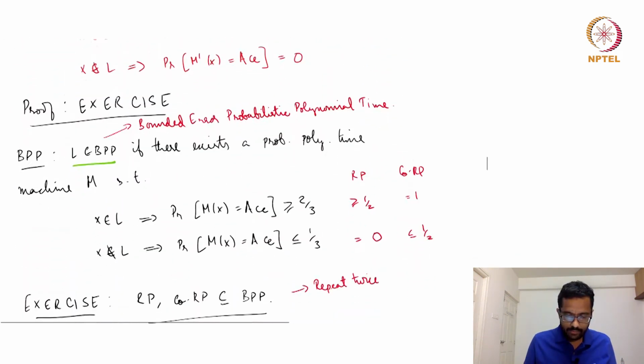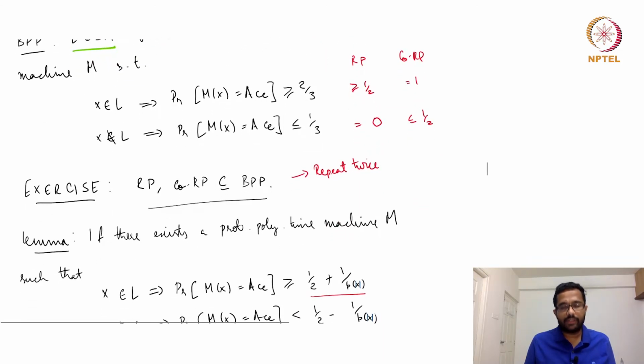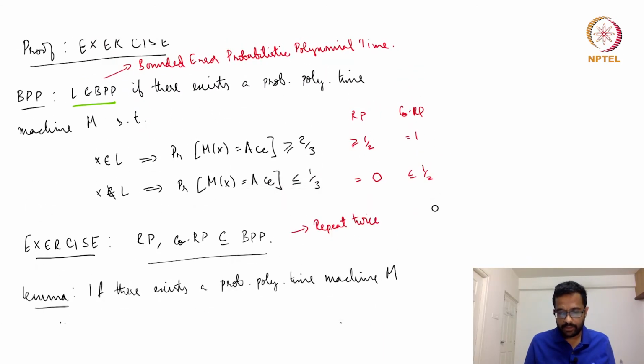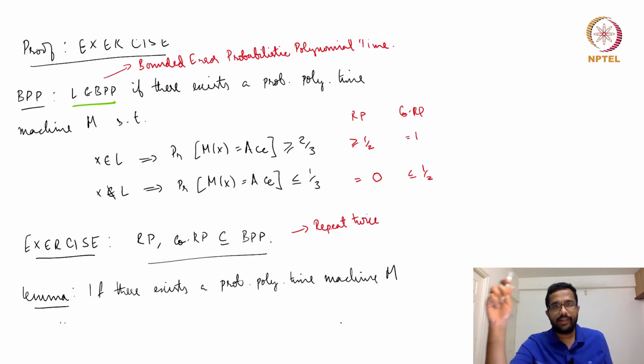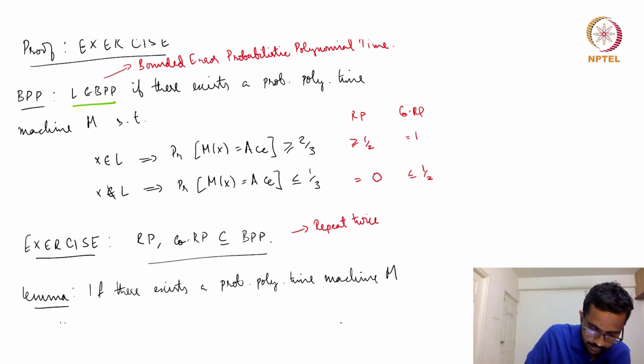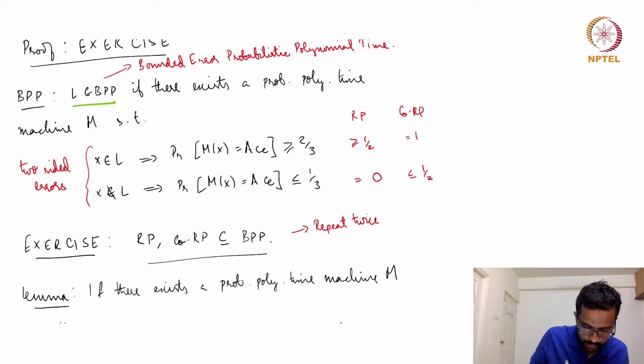Then we saw BPP, which is bounded error probabilistic polynomial time, and this allowed for both errors. It is not one-sided; it is two-sided error. Both false negatives and false positives it allowed.